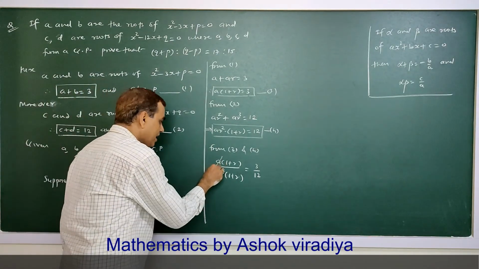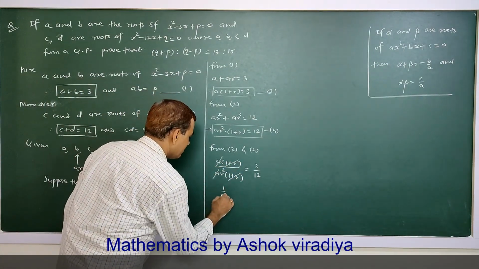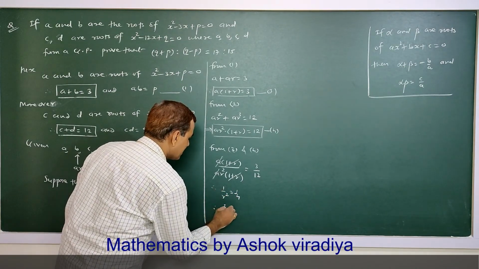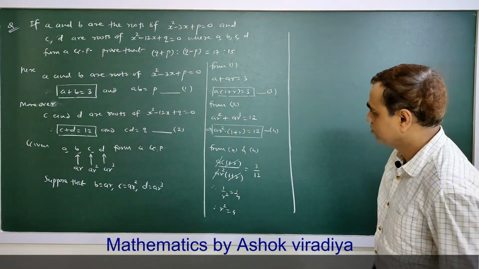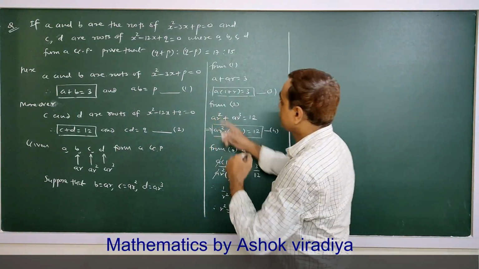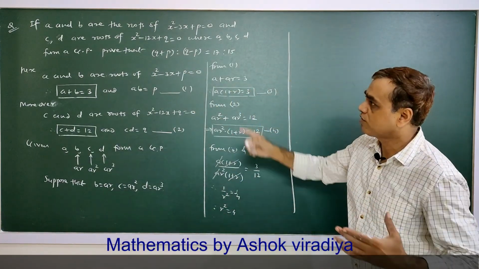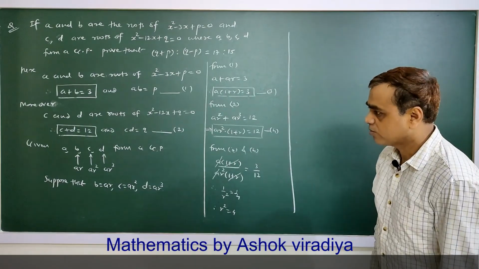So A into (1 plus R) is cancelled. So 1 upon R square is 1 upon 4. So R square is 4. Now we want this value, so we need the value of P and Q. So see what we do now.